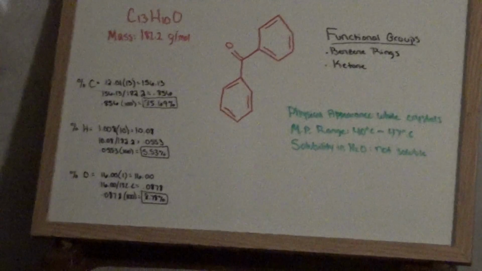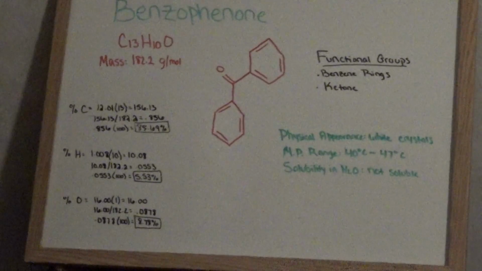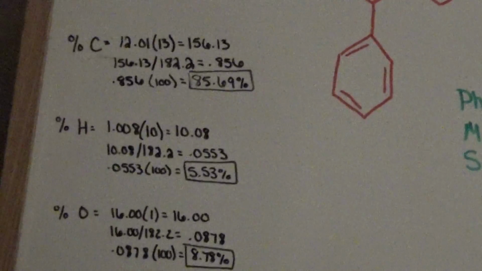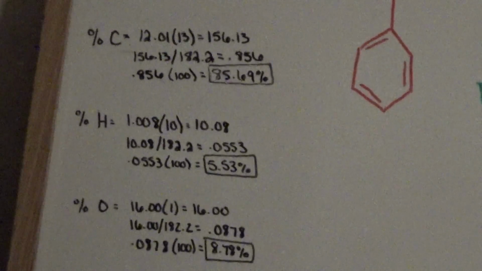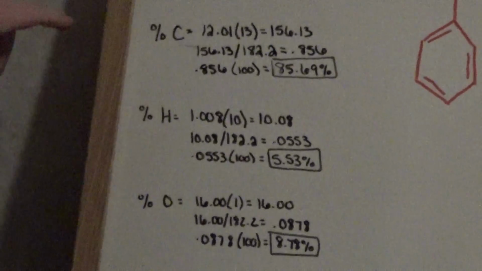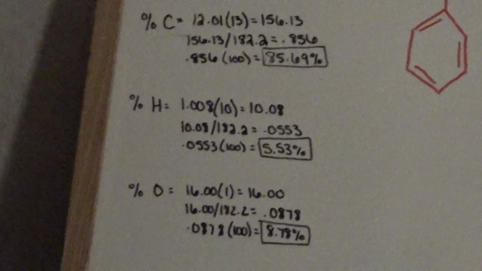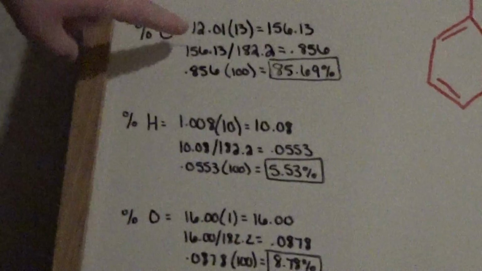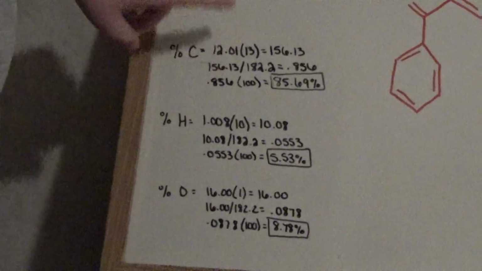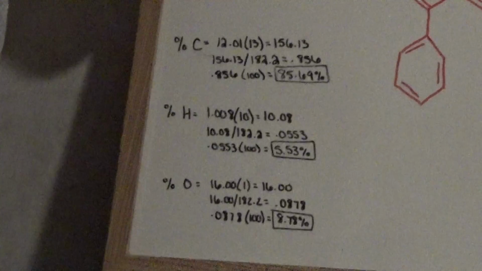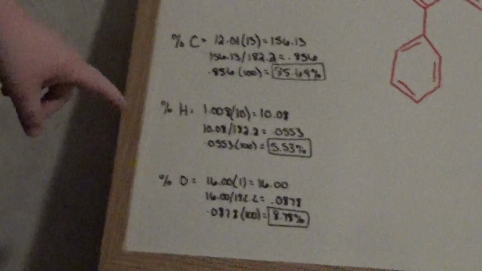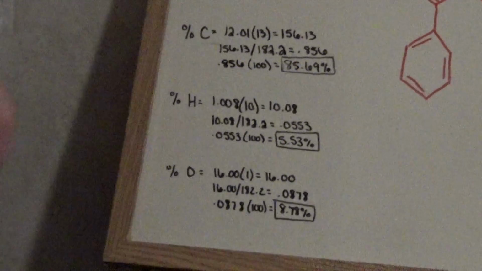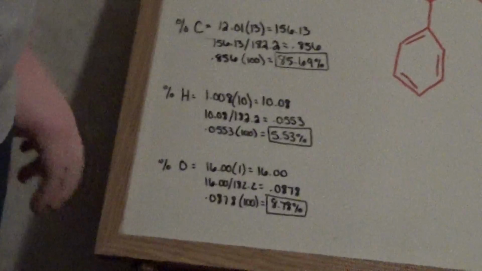So once I had determined that this was my unknown, I double checked it by finding the percent C, percent H, and percent O of this compound and comparing it to a given percent C and percent H. To do this, I took the mass of carbon, which is 12.01, and times it by 13, which is how many carbons are in this compound. And I got 85.69%, which matched the given percent C exactly.